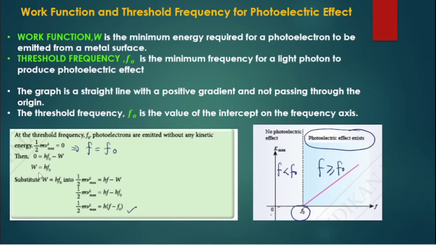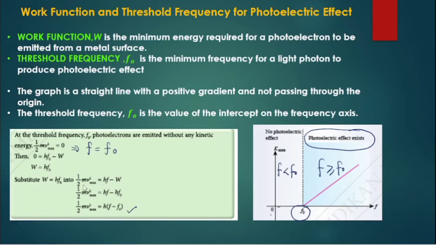So we get W equals to hf0. The work function equals to the product of Planck constant and threshold frequency. So next, what we do, substitute the value of work function equals to hf0 into the Einstein photoelectric equation again.